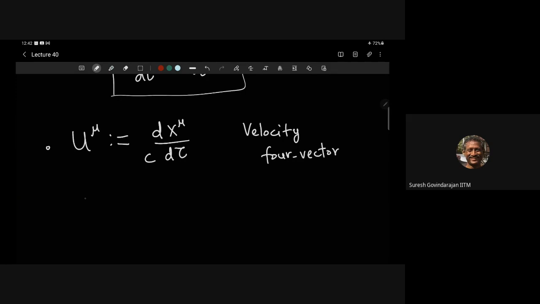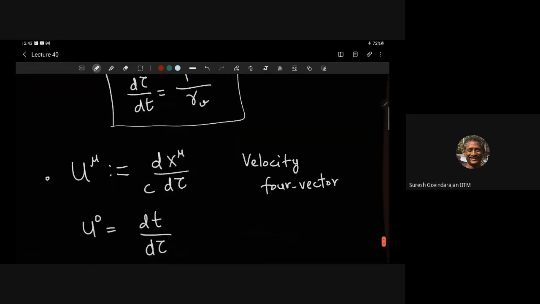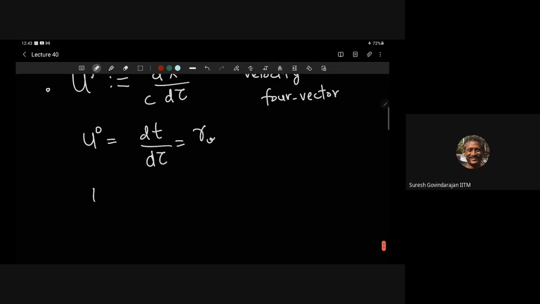So we can go ahead and compute its components. Look at u0. What will u0 be? dx0, which is c dt, over c d tau, is dt by d tau. And we just saw that d tau by dt is this thing, so this is equal to gamma of v. And what is ui?